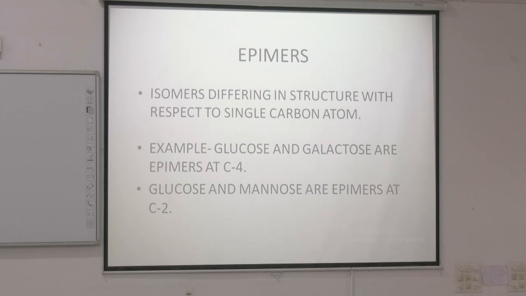And that is not the functional group. Except functional group, they should differ in only one carbon atom. Right? So, can anomers be called epimers? So, anomers are epimers at C1 in case of aldoses and C2 in case of ketoses. Clear? Next, more examples.